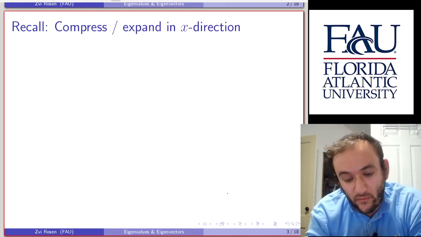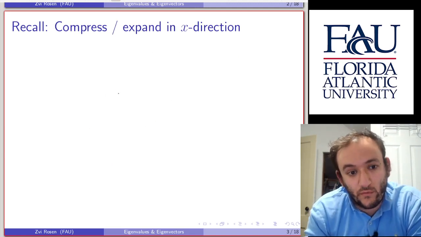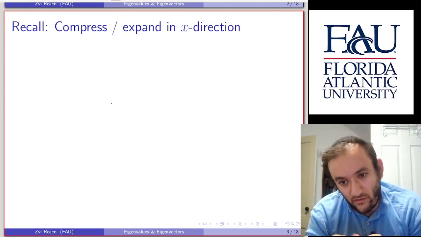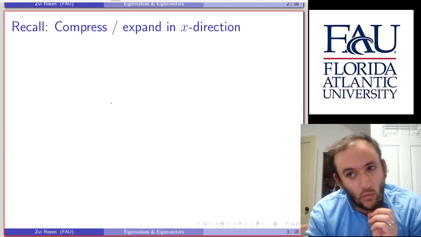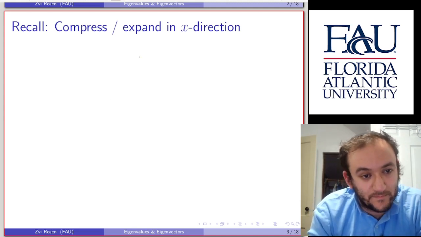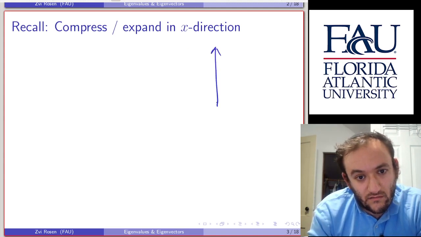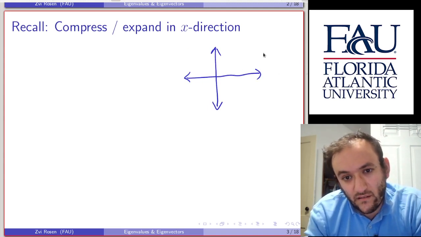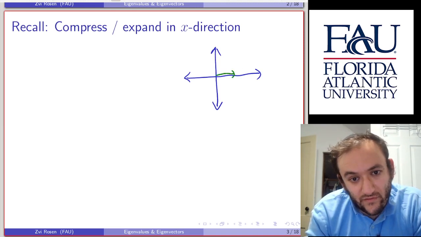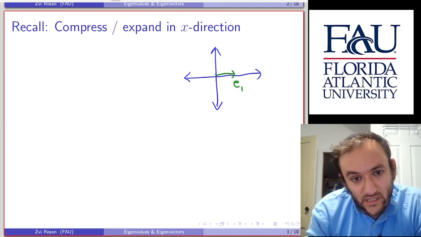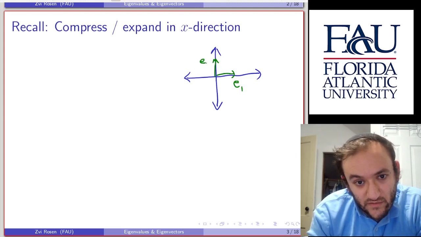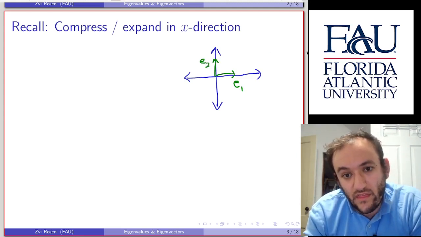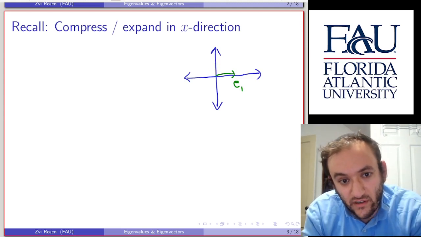But you'll also remember that we did a different kind of operation too, which was scaled, but it only scaled in one direction. So for instance, if we had vectors in R2 again, so if we have our standard basis vector e1 and our other standard basis vector e2, then, let's give e2 a different color.